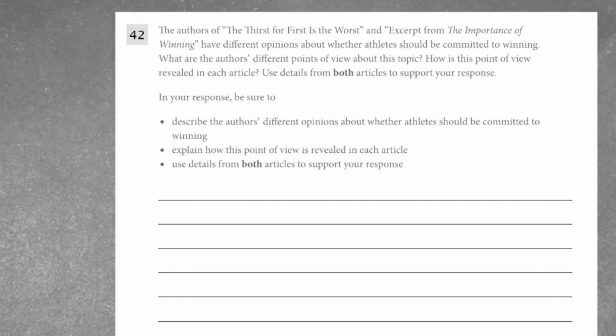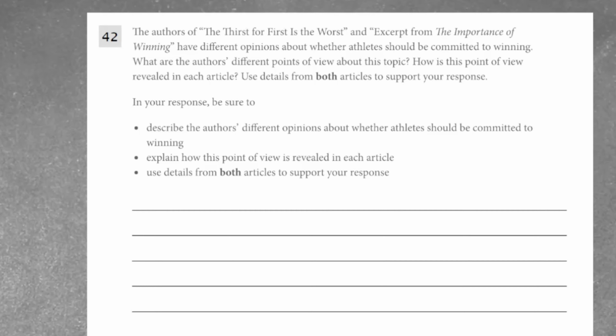That is then followed by a breakdown of what you actually have to answer. So even if you don't read the first part, in the second part, we'll show you exactly what needs to be answered. In your response, be sure to describe the authors' different opinions about whether athletes should be committed to winning. Explain how this point of view is revealed in each article.